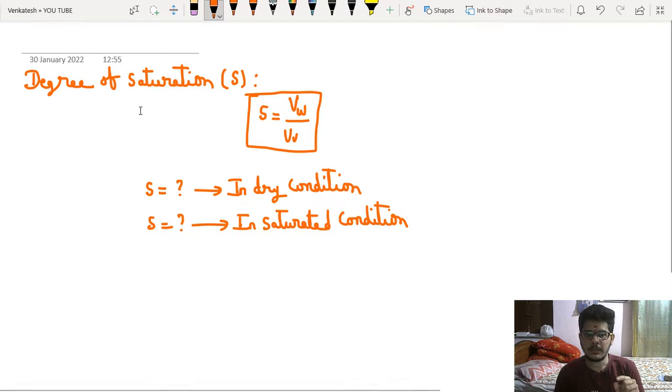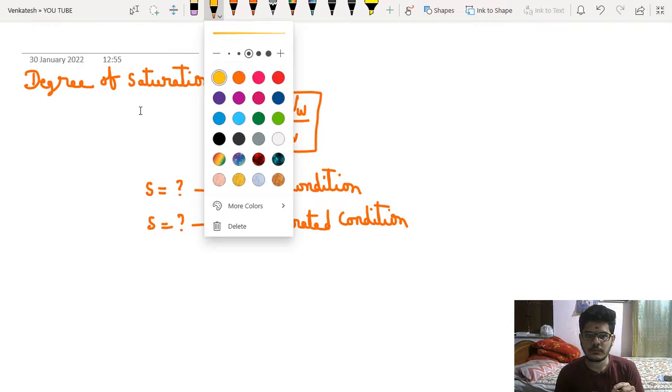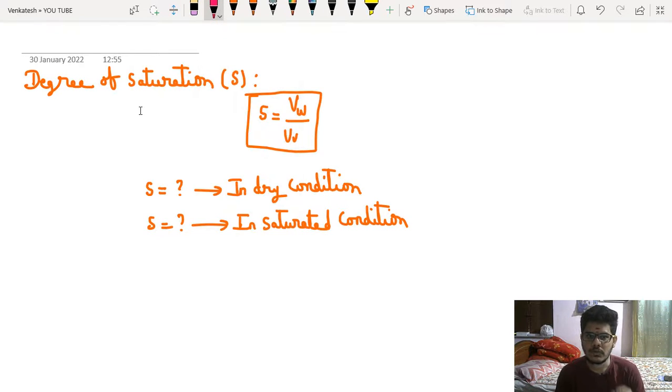In dry condition the volume of water will be 0. When the numerator is 0, then obviously the degree of saturation S is equal to 0. So in dry condition the degree of saturation will be 0.